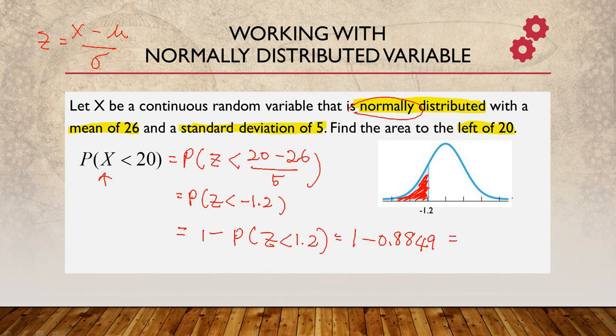So 0.1151 total. Why we take 1 minus? Because it is at the tail. Table will give you the big area. Okay.